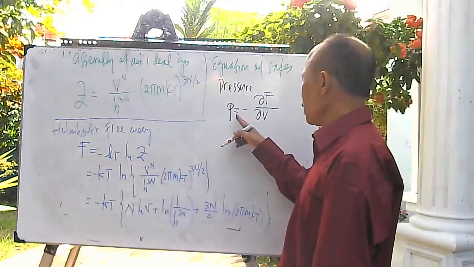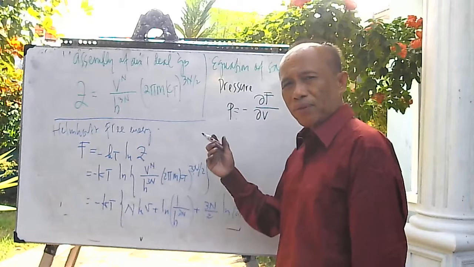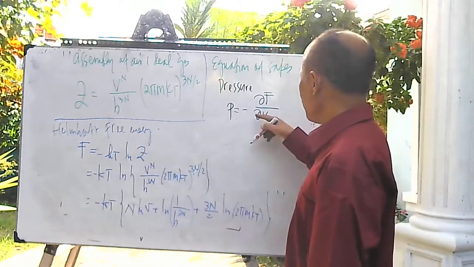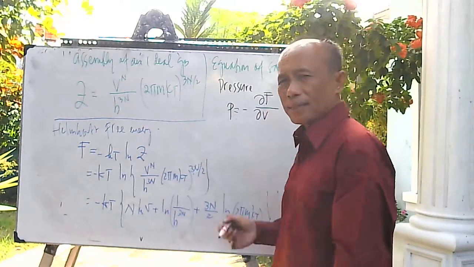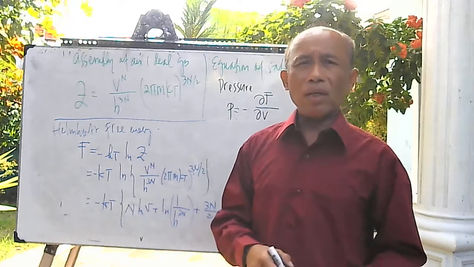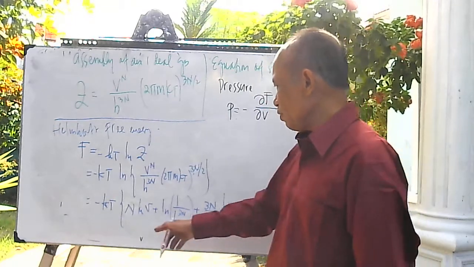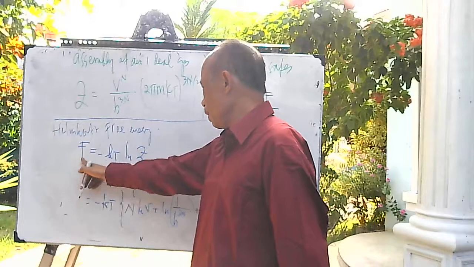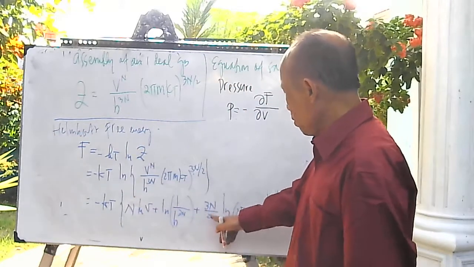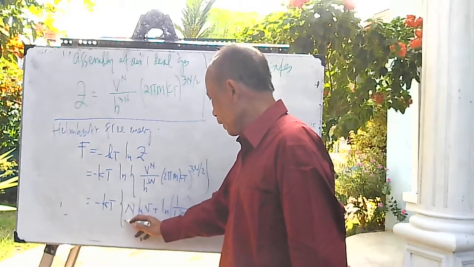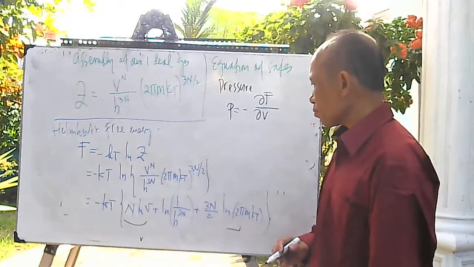So we can determine the pressure of the assembly by differentiating the Helmholtz energy with respect to the volume. Here the Helmholtz free energy depends on volume only in this term.